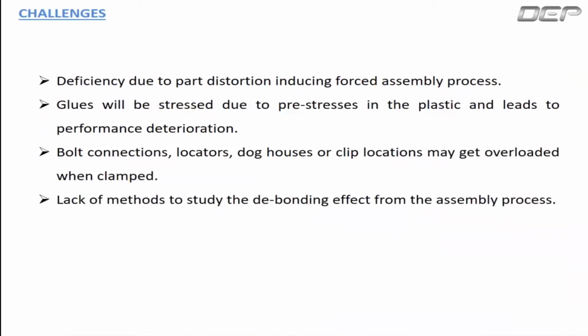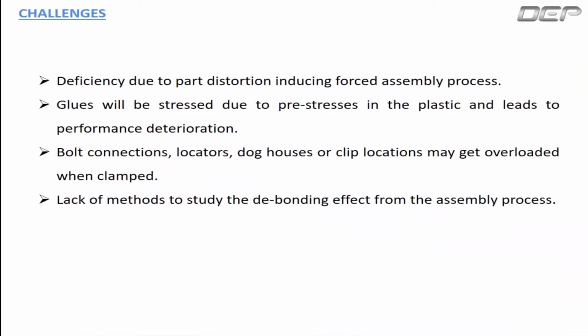This forced assembly process will in turn add a lot of pre-stress to the glues, which attach these plastics to a metal or any other component. With all these pre-stresses, we will end up with a lot of performance deterioration over a period of time.